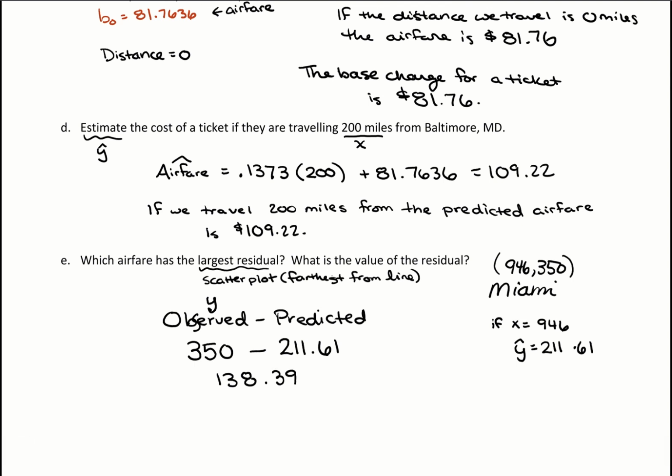Now, for making a sentence for our residual, what we want to realize is that this is the difference in airfare, and simultaneously in terms of underestimate versus overestimate, this is saying that our line underestimated. If we were getting this predicted value, this is the case where the airline would say, we predict your ticket should be $211, but then when I go and buy it, it's actually $350. So they underestimated what I would have to pay.